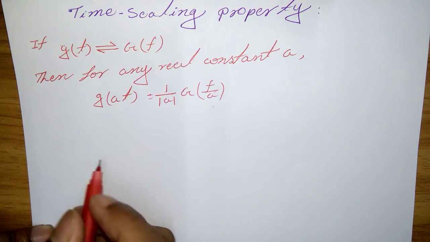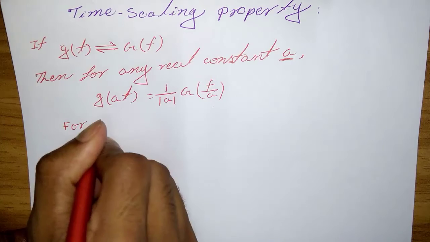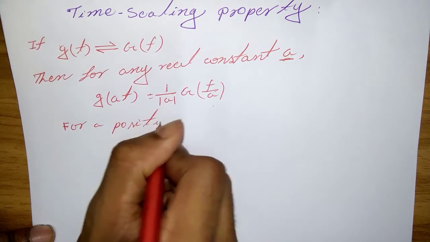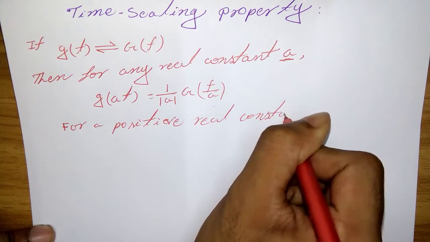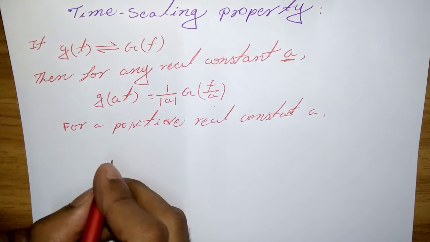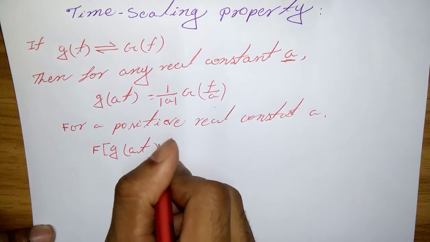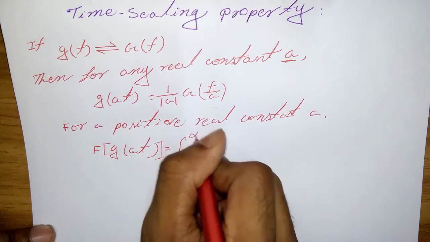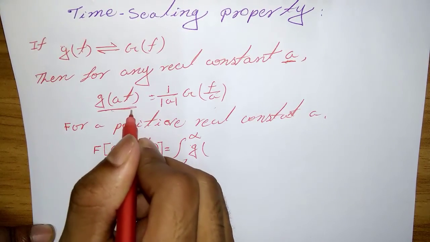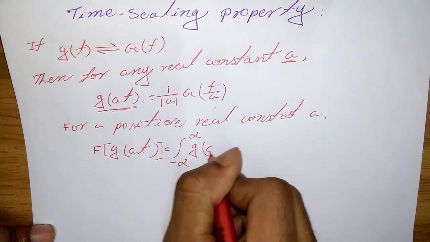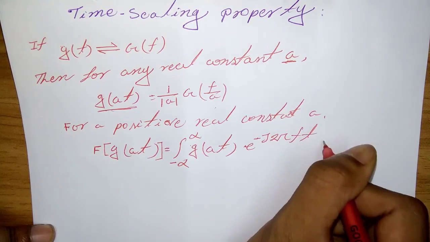So for a positive real constant a, the equation will be: the Fourier transform of g of at equals the integral over the range minus infinity to infinity of g of at times exponential minus j 2 pi f t dt.